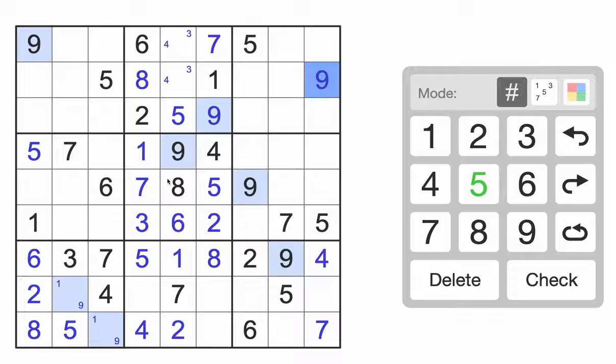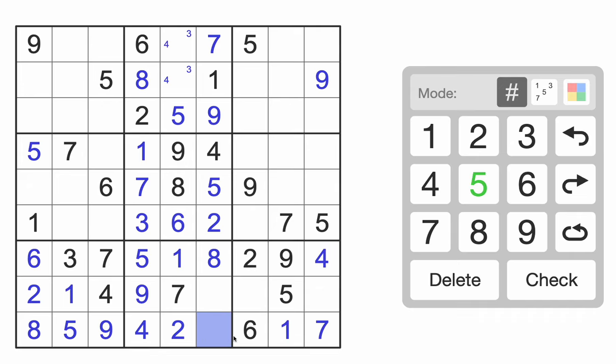Okay. Oh, and the last number of this column is 9. That gives me 1 and the 9. 1 blocks these, gives me 1 here.